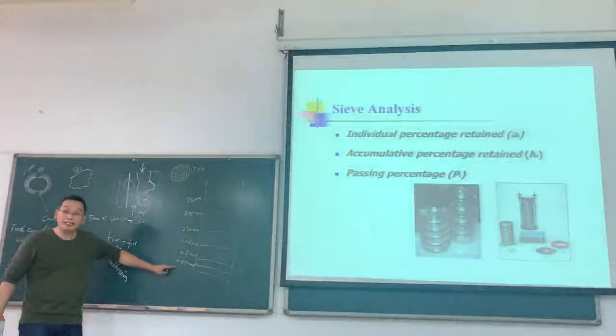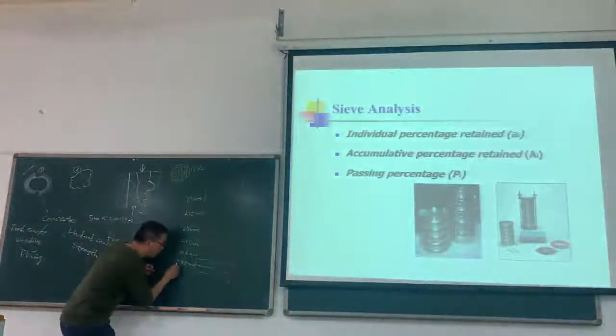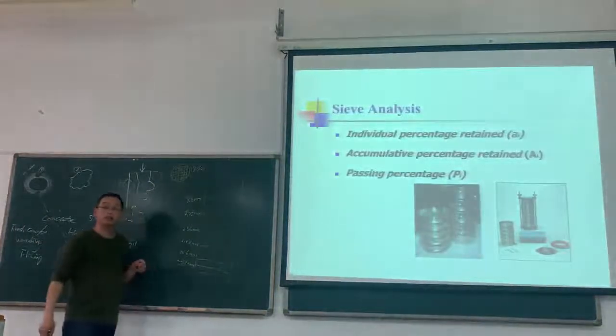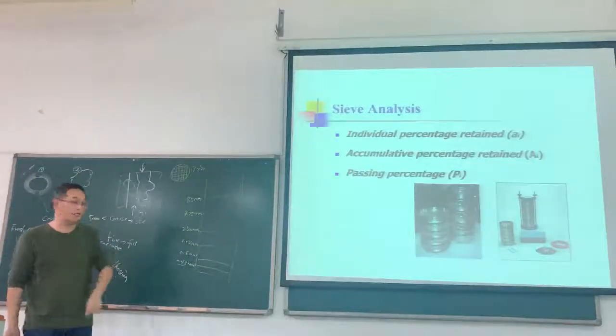The smallest size of the sieve is 0.075.